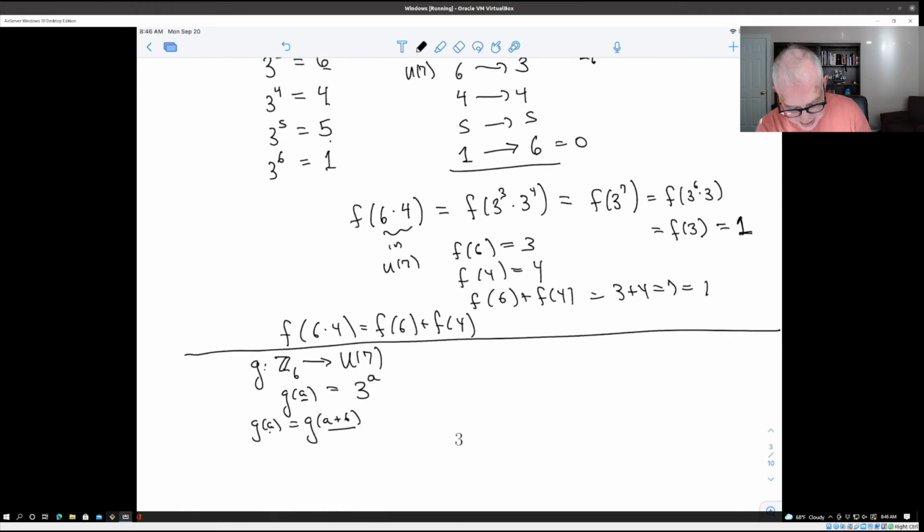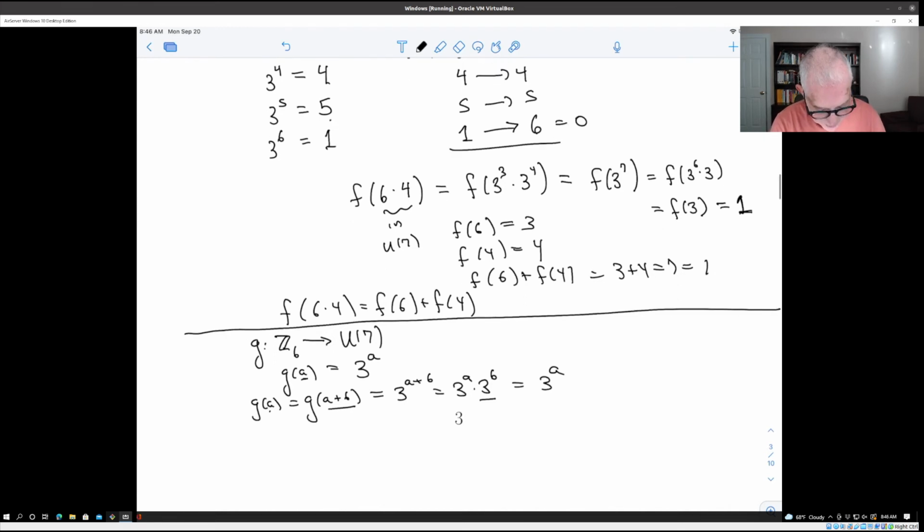But g of a plus 6 is 3 to the a plus 6, which is 3 to the a times 3 to the 6th. And 3 to the 6th is 1. So the function g doesn't care if you shift your a by 6, and therefore it makes sense as a function on Z mod 6. So this is what it means for the function to be well defined.